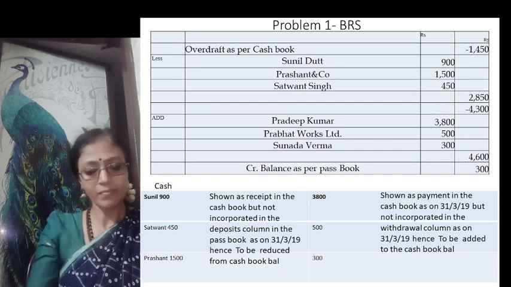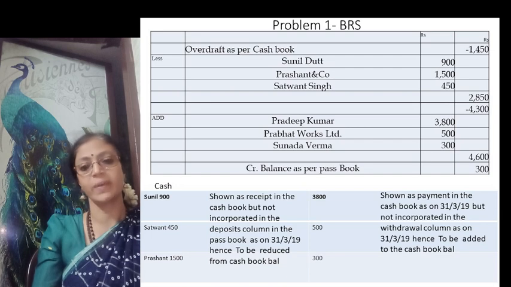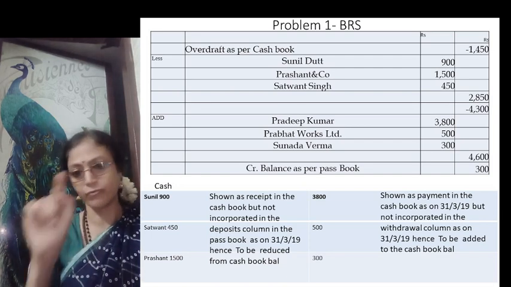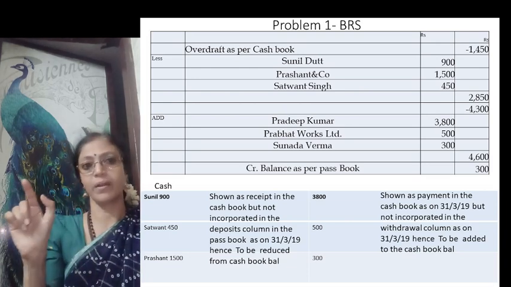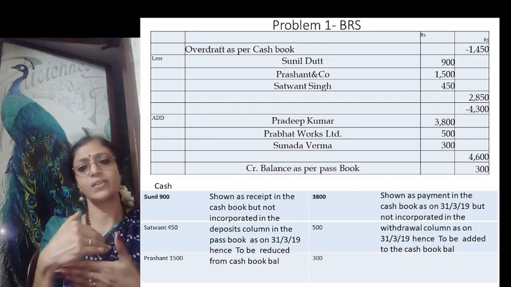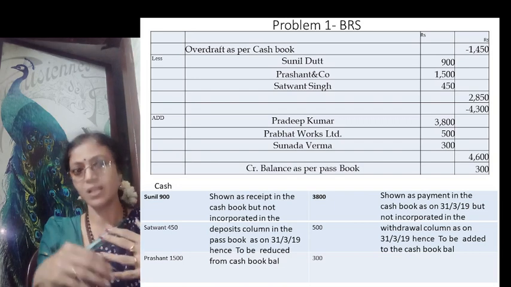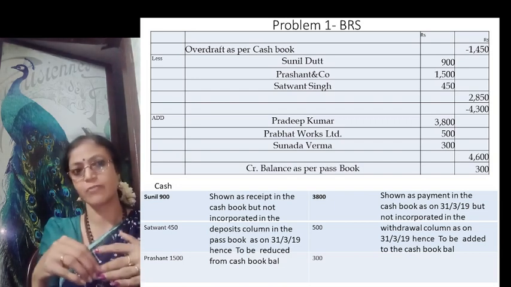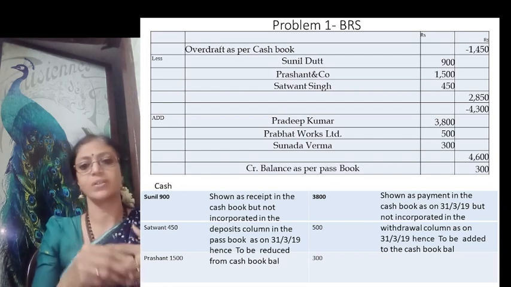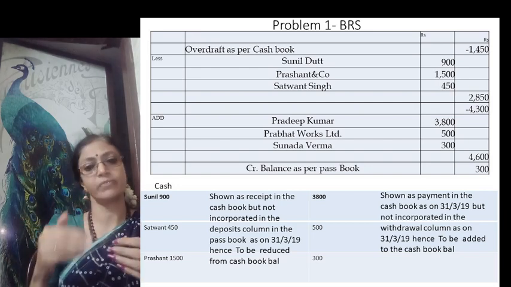Now, looking at the transactions, the cash book has an overdraft balance, therefore it is a negative balance to the extent of 1450. So, minus 1450. Now, we have an amount which we had to reduce, being what we received from Sunil, from Prashant, and from Shashwat. These amounts were not realized as on 31st of March, and therefore we reduce our cash book by these items.